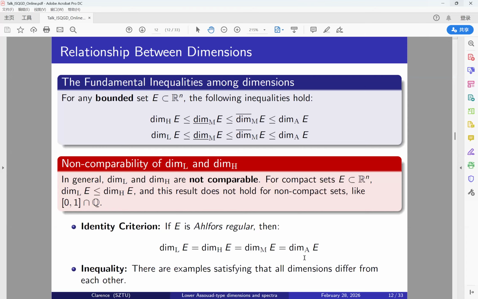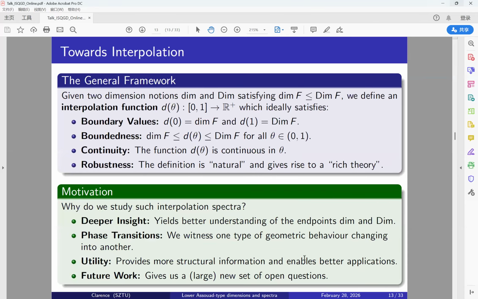This also involves the topic of dimension interpolation. The general framework of dimension interpolation is to say, given two dimension notions, small dim and capital Dim, satisfying that small dim is smaller than capital Dim, we define an interpolation dimension D_theta. Theta ranges from the interval to the real numbers, which satisfies boundary values: D_0 is the small one, and D_1 is the capital one.